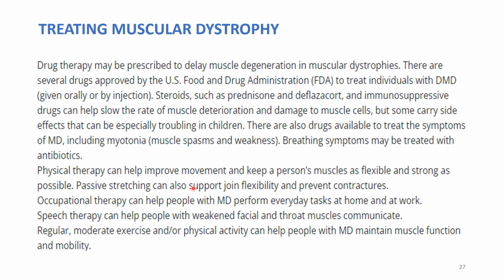Physical therapy can help improve movement and keep a person's muscles as flexible and strong as possible. Passive stretching can also support joint flexibility and prevent contractures. And occupational therapy can help people to perform everyday tasks at home and at work.